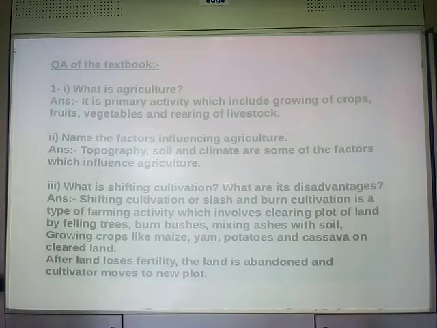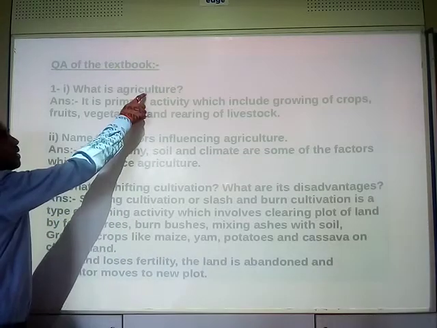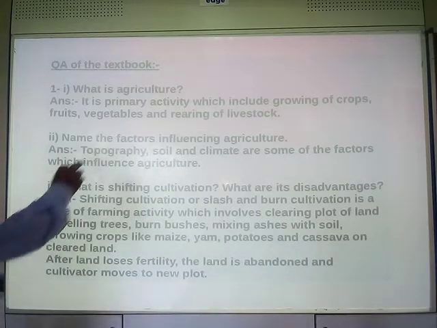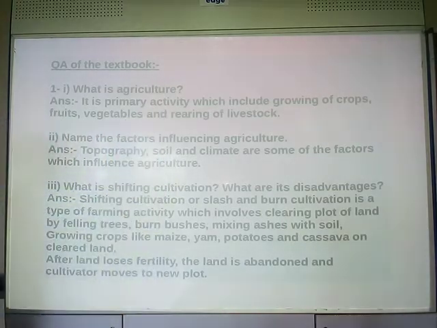The first question of your textbook states, what is agriculture? What do you mean by the term agriculture? So first of all, you should make sure that it is a primary activity. What is a primary activity?